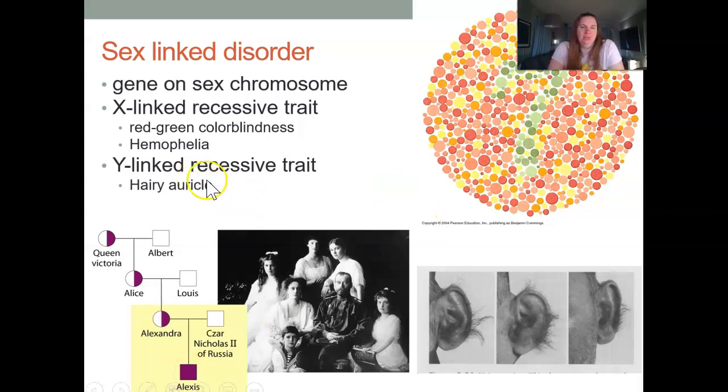I guess it's not really a disorder. It's not that big a deal. But he had the phenotype of having hairy auricles because his Y chromosome didn't protect him from that recessive allele. More bad things happen to this family, but this is a science class and not a history class, so you can investigate that on your own.